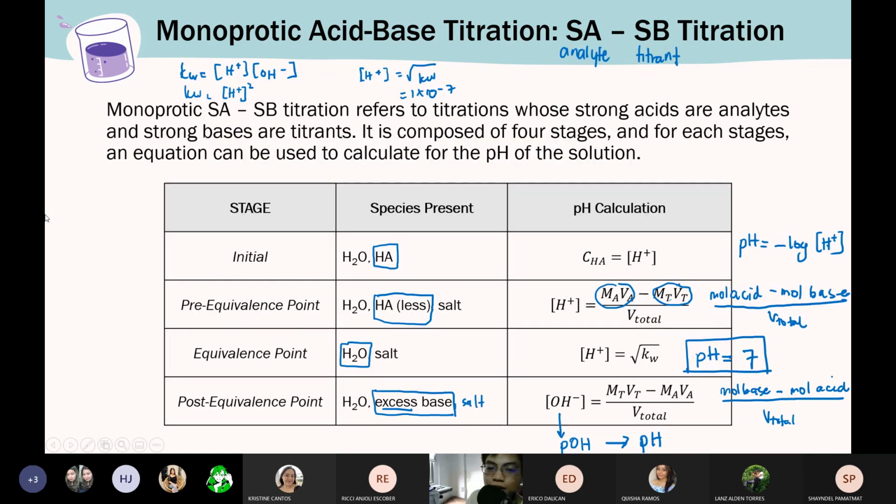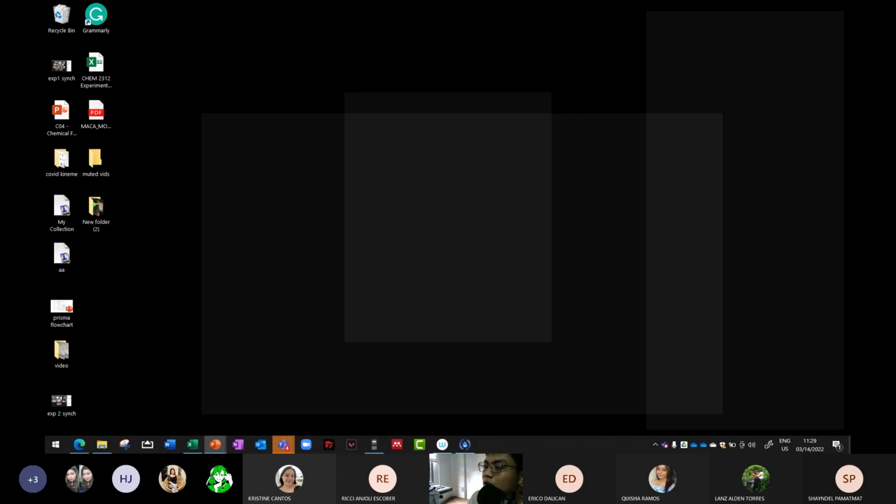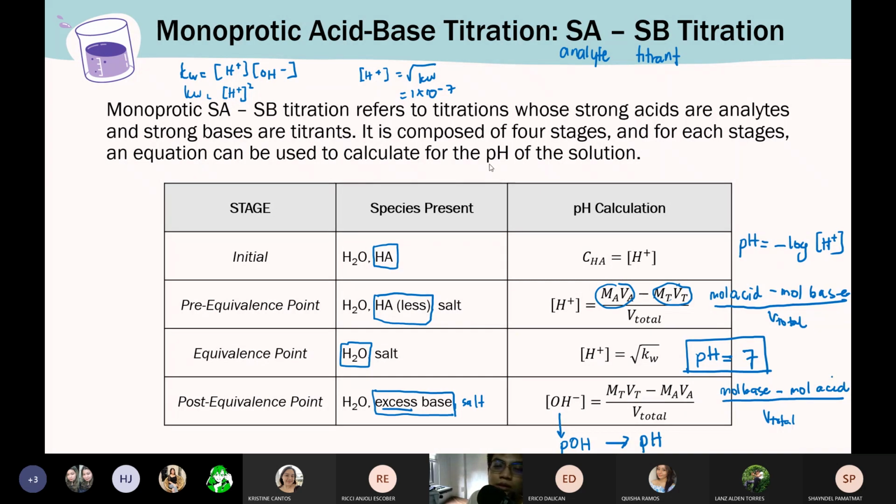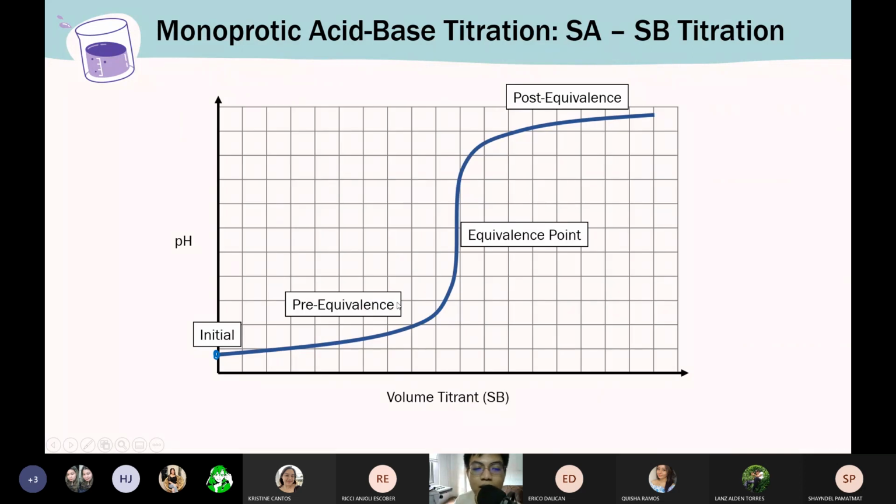Keep in mind yung mga inuulit ko, especially dito sa species present, because that will actually help you know what equation should you use. Okay? Kasi ito yung magdidikta kung ano yung equation na gagamitin mo. Okay? So, ganun. So, ayun. For every stage, iba-iba yung equation natin.